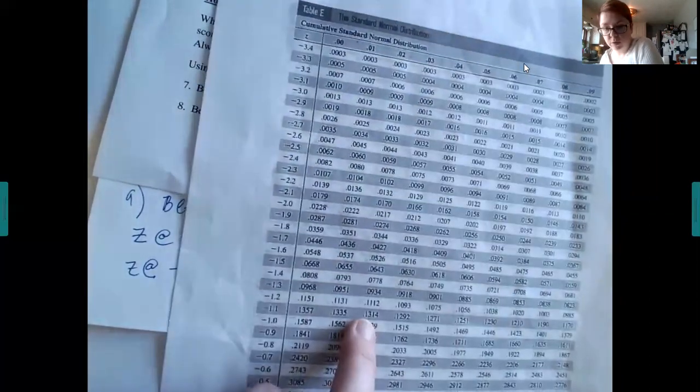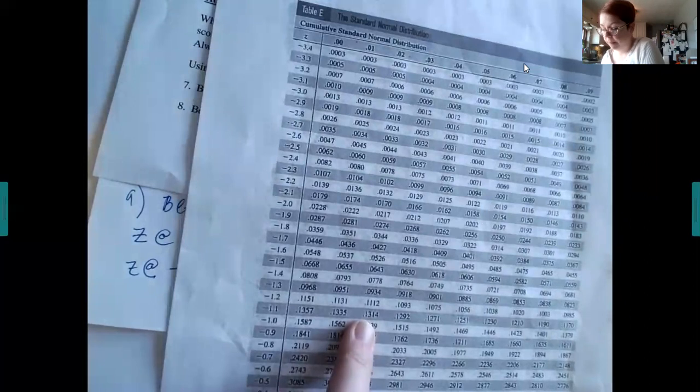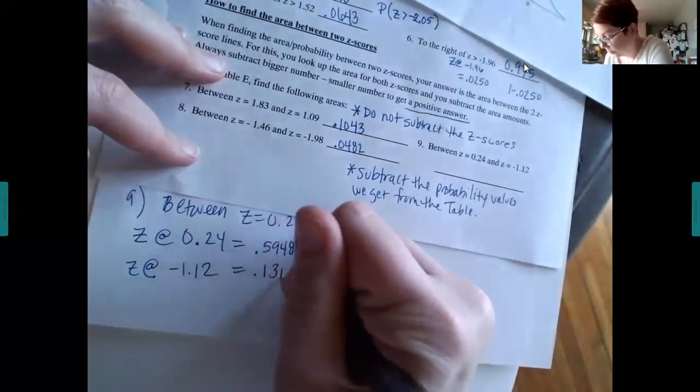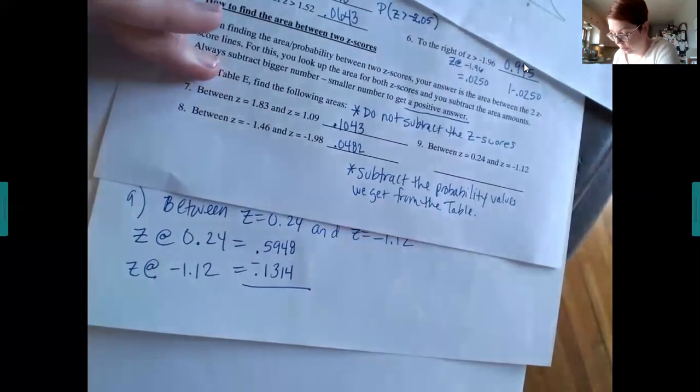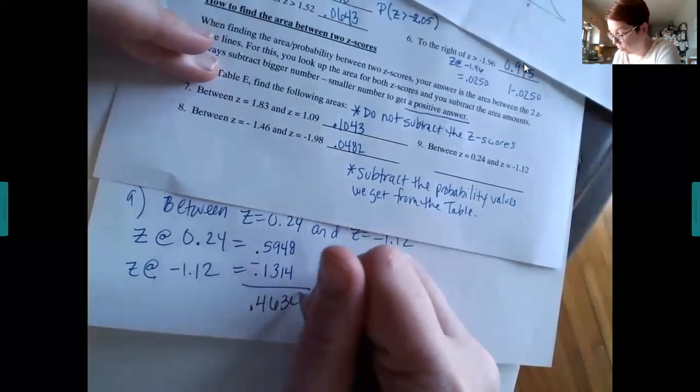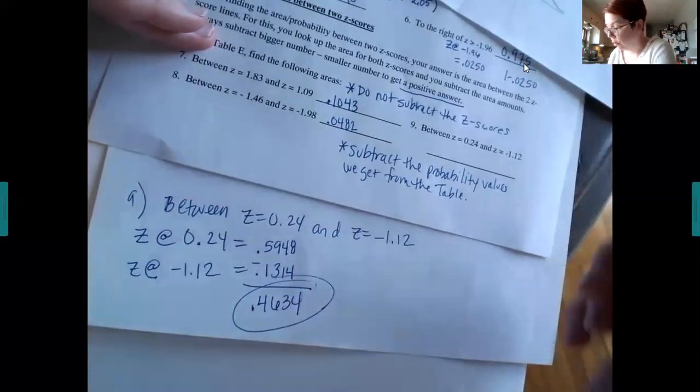We have 0.1314. Subtract those. Remember, big minus small. We get 0.4634. That will be our answer.